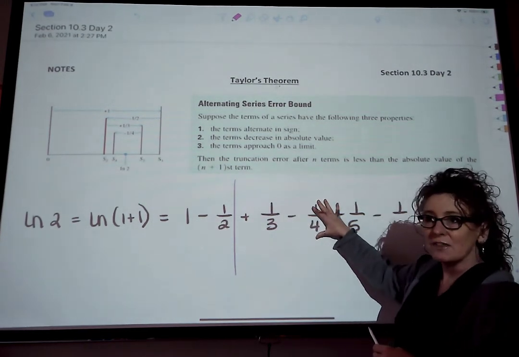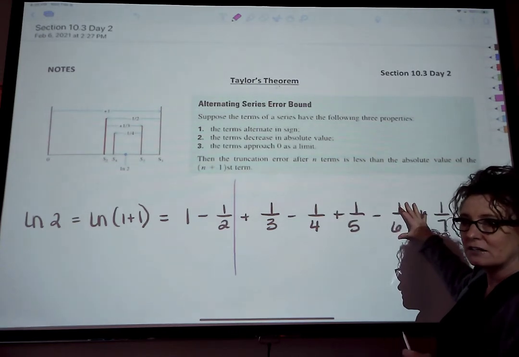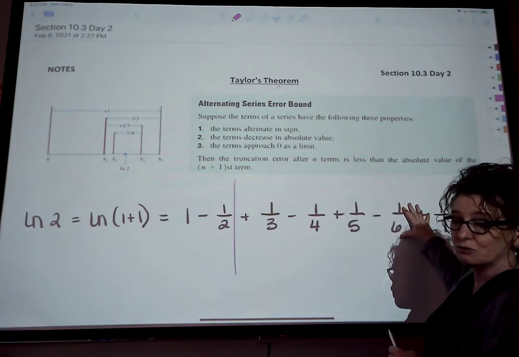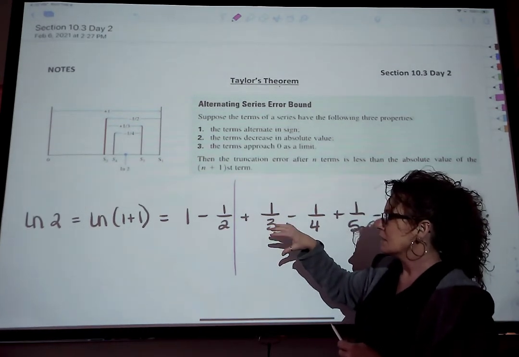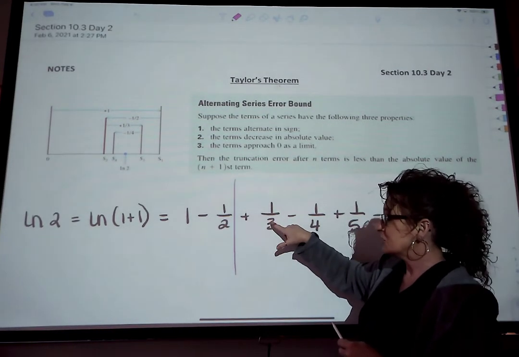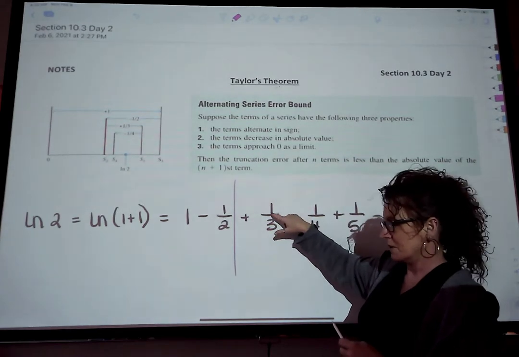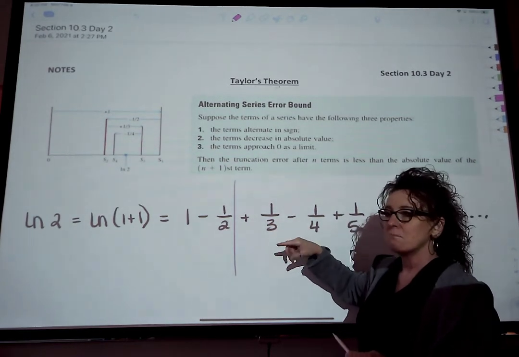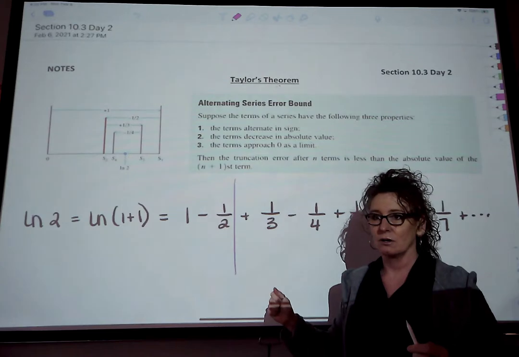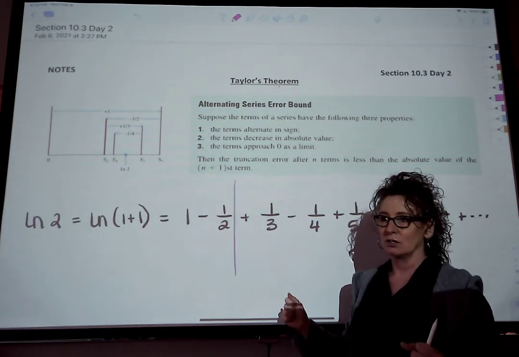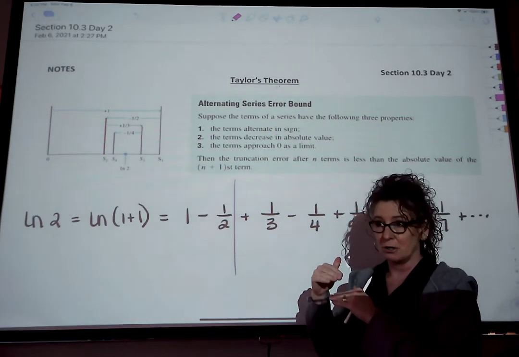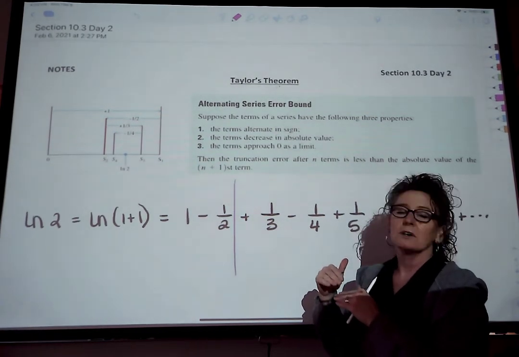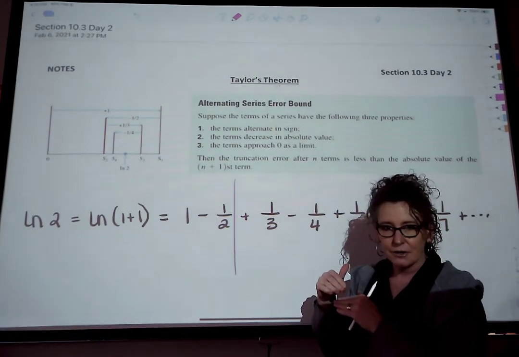Let's look at the amount that I am disregarding. The amount that I'm disregarding, if I check out the next term, is 1/3. My error, the maximum error, the biggest difference between my function and my polynomial will not be greater than 1/3.